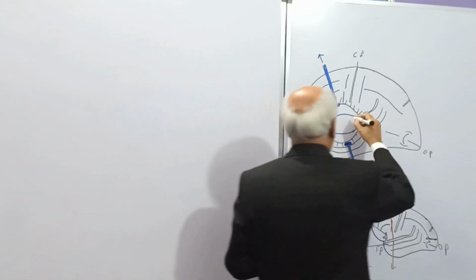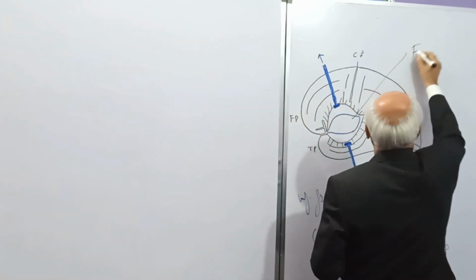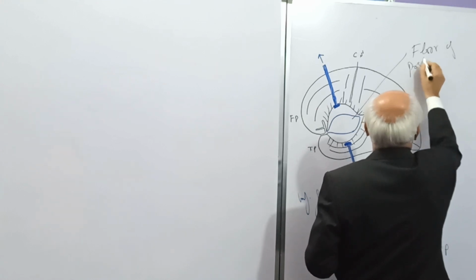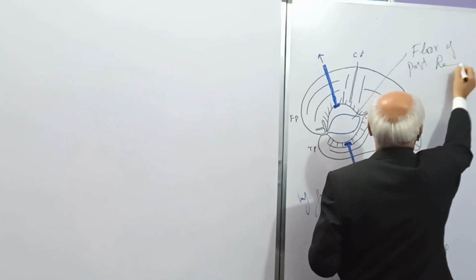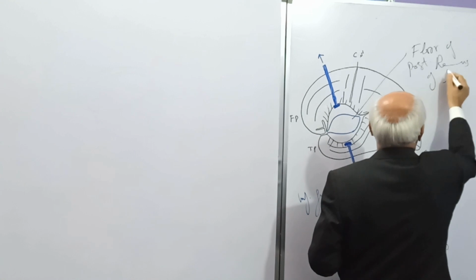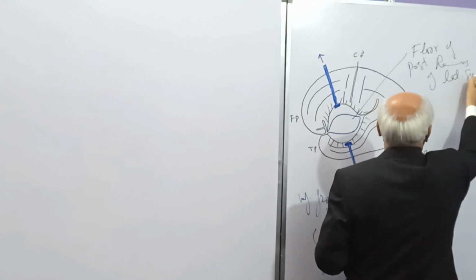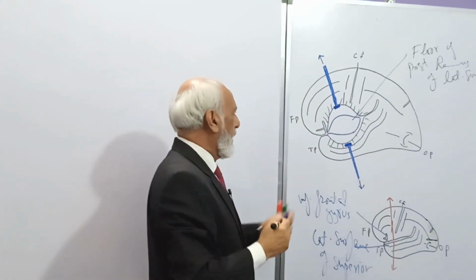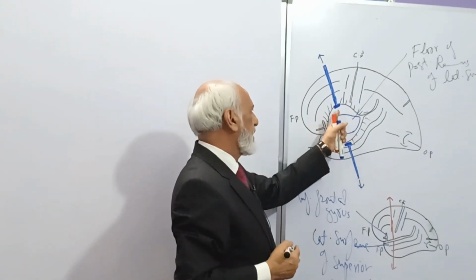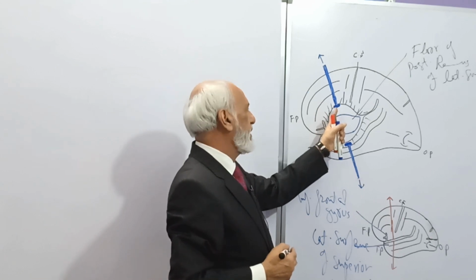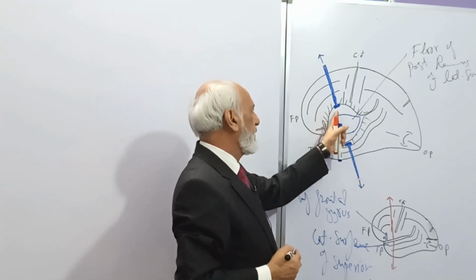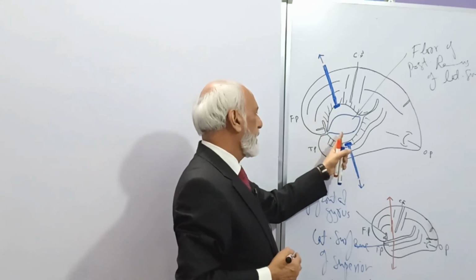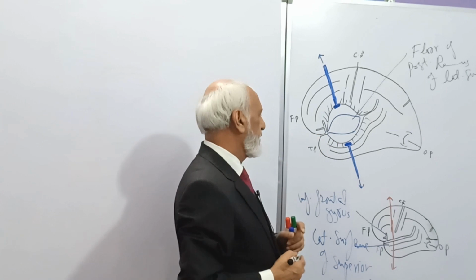So what is this? Floor of the posterior ramus of the lateral sulcus. Now this is the floor, this is the upper wall of the posterior ramus of the lateral sulcus, and this is the lower wall of the posterior ramus of the lateral sulcus.